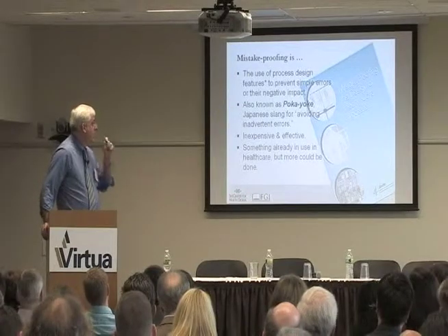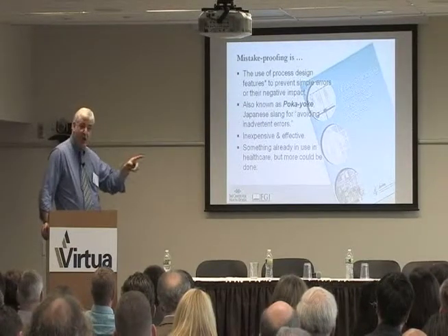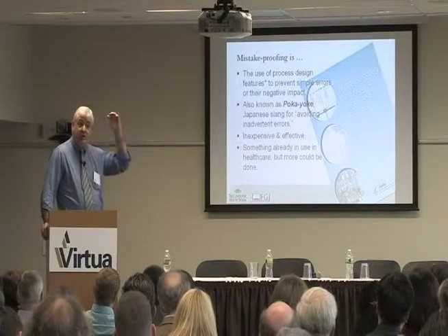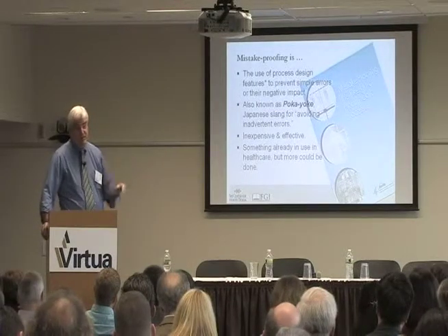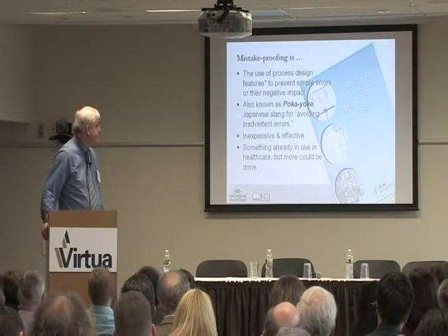Rule-based is where you think up a rule or you recall a rule and apply it. So like when you're driving up to a stoplight and it's blinking red, it doesn't happen all the time, but when it does happen, you know what to do because you've got a rule. Okay, that's rule-based. Skill-based is the things that you do almost on autopilot, that you don't have to think about very much at all. And so mistake proofing is going to work well in skill-based, not so well in knowledge-based, and rule-based. It'll depend on circumstances.